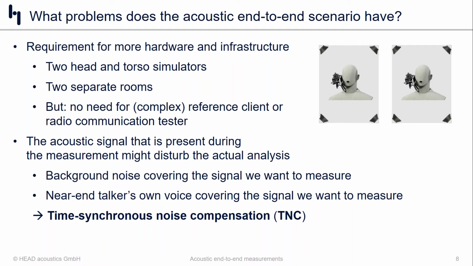The two typical examples of those are going to be background noise that masks or covers the signal that we want to measure. A typical example of that is measuring the receive loudness rating in the presence of noise. And then we also have the near-end talker's very own voice, so the acoustic side tone of the talker that's covering the signals that we want to measure.